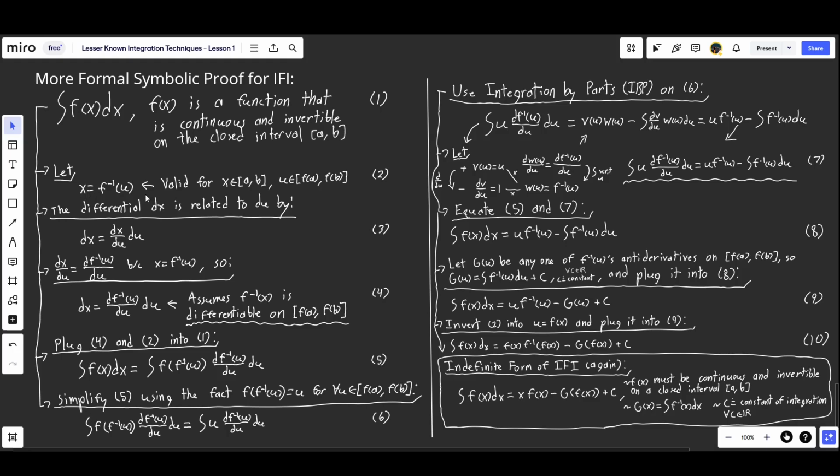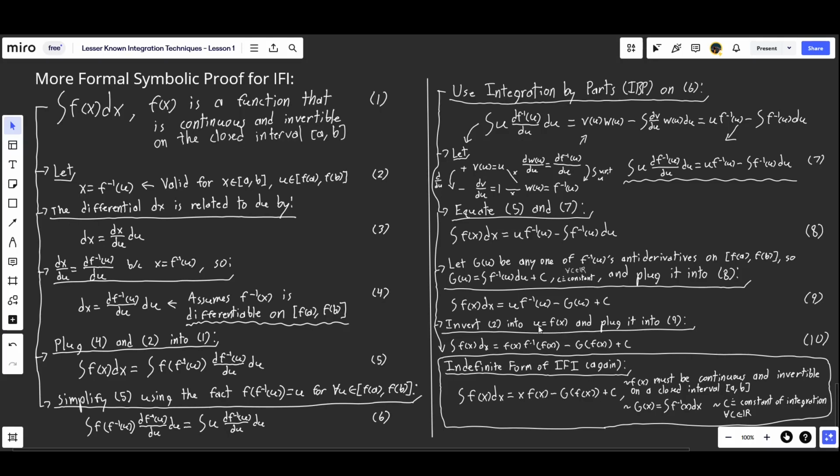We know that we can invert this because if f of x is invertible on the closed interval a to b and produces an inverse that accepts any value in the closed interval f of a to f of b, then the inverse is invertible on its closed interval f of a to f of b to produce the original function f of x, which accepts any value within a to b.